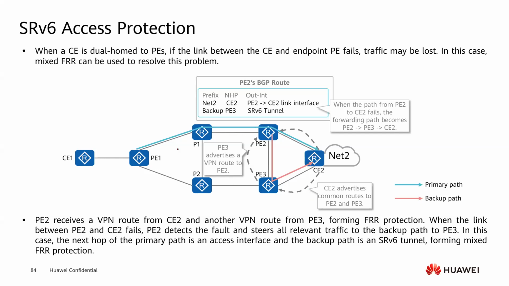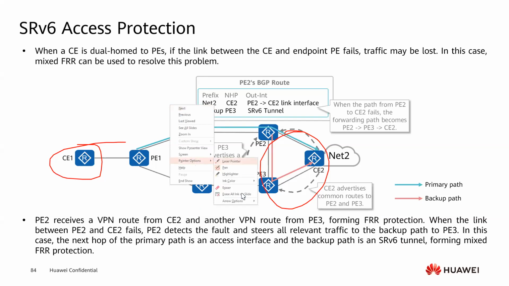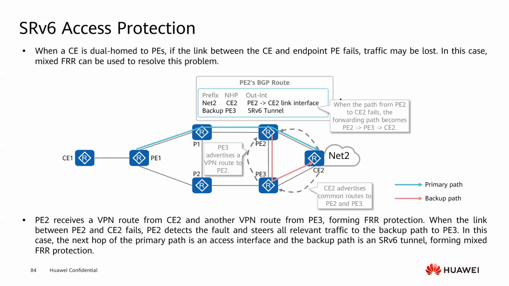Access means here and here. Let's look at one protection called mixed VPN protection. The mixed VPN protection works this way. PE2 to CE2 goes over a normal native IP link.